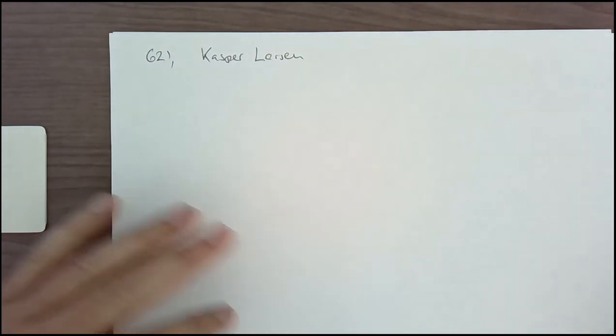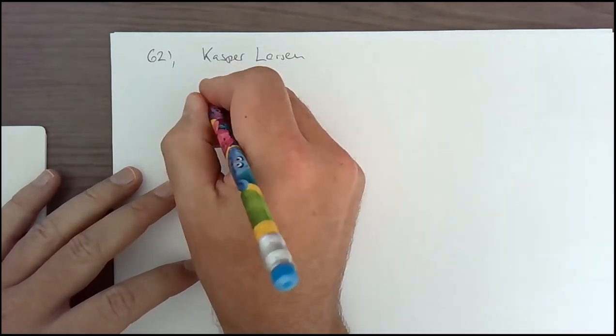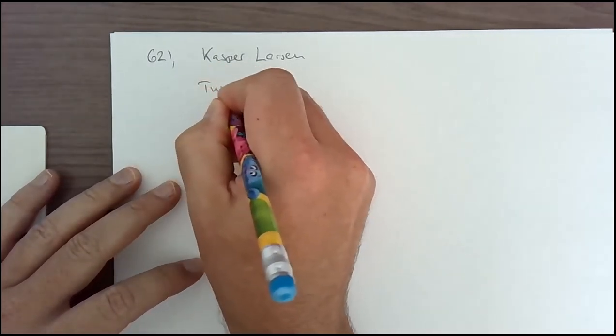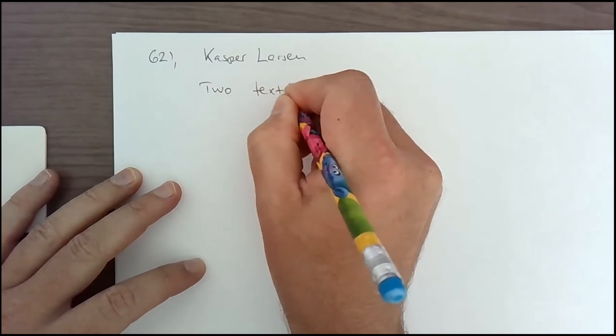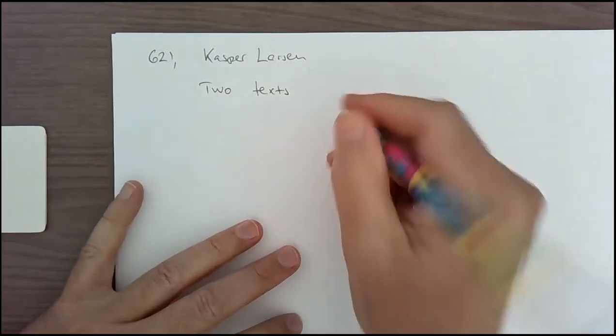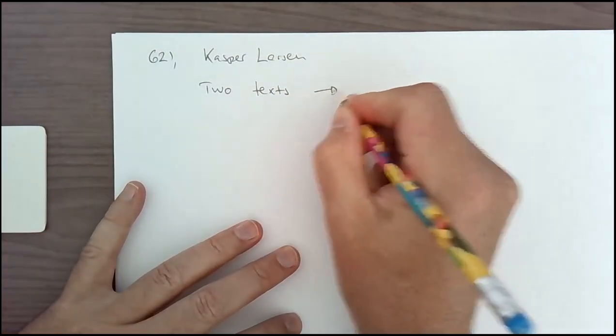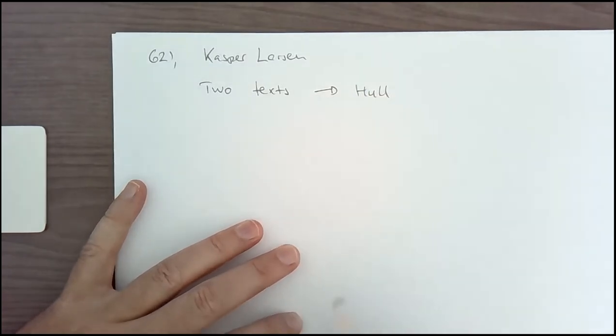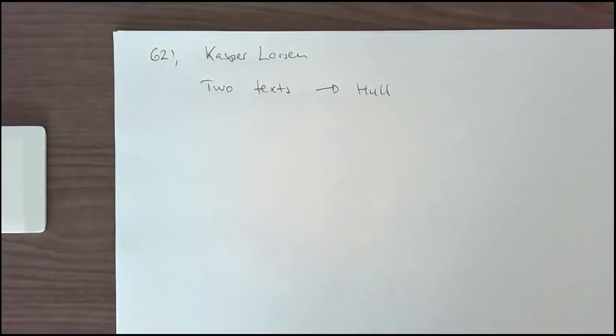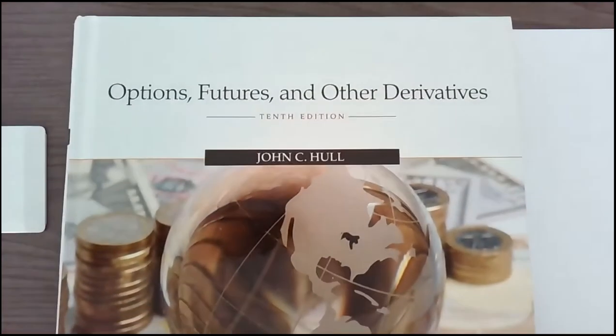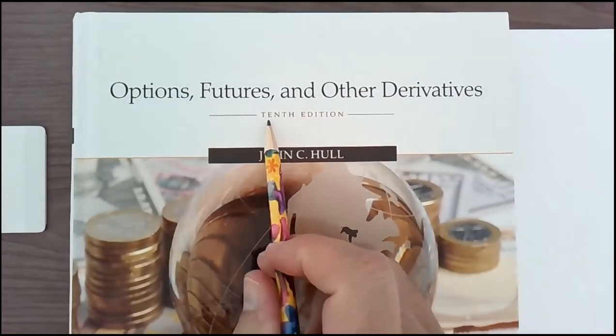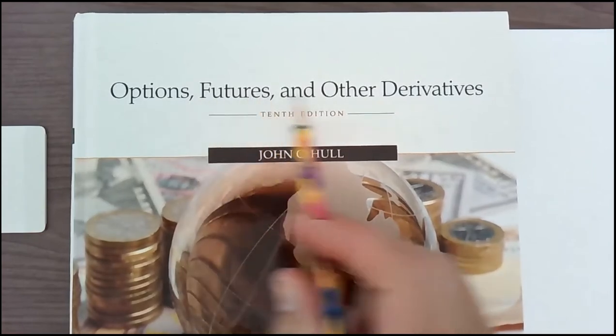There'll be two texts in this course. There will be Hall's book. The version that I'm using is this one here. This is the 10th edition, Options, Futures, and Other Derivatives.